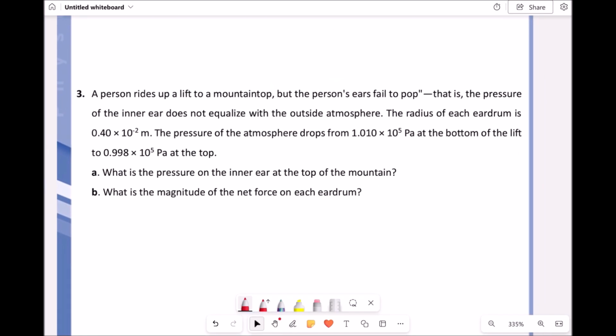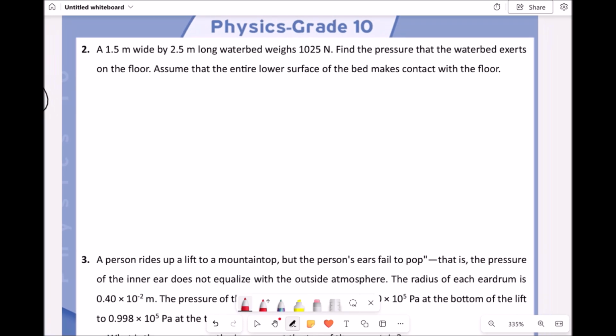You have the second question. It says a 1.5 meter wide by 2.5 meter long waterbed weighs 1025 Newton. Find the pressure that the water bed exerts on the floor. Assume that the entire lower surface of the bed makes contact with the floor.